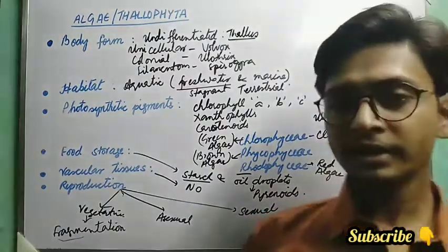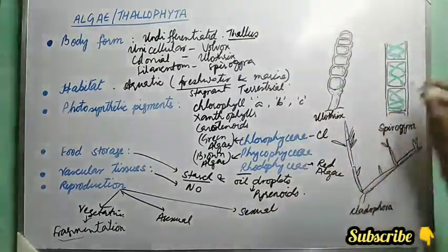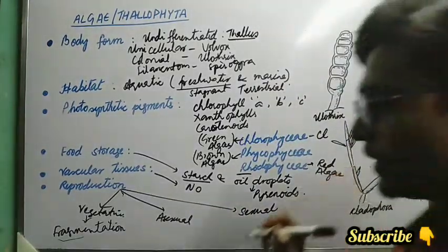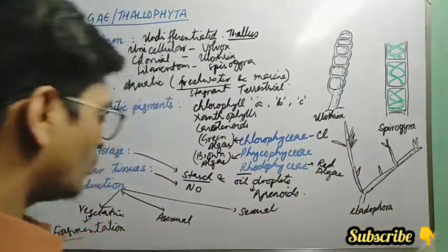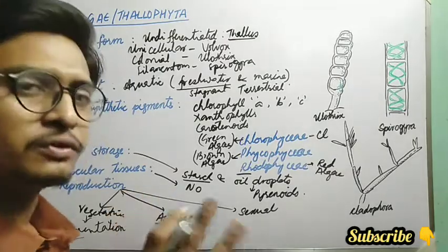So this fragmentation, that is the vegetative propagation, vegetative reproduction, will occur in Spirogyra. Okay. Asexual reproduction will also take place. Asexual means without fusion of gametes; there will be no gametic fusion here.